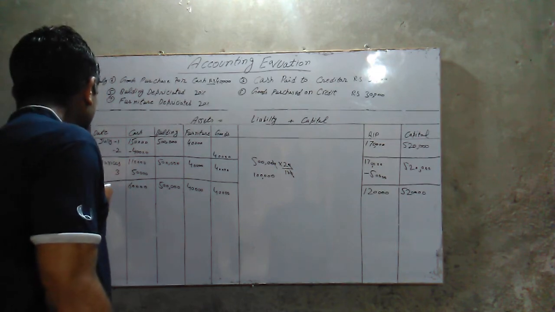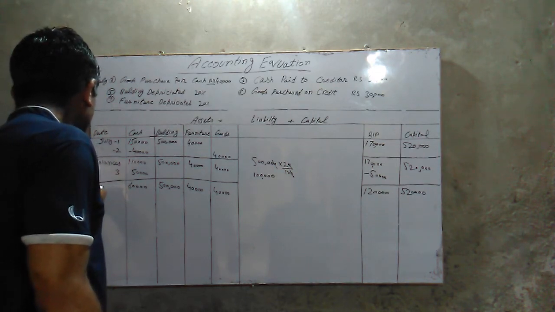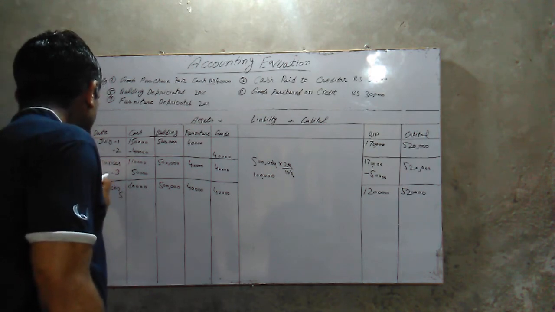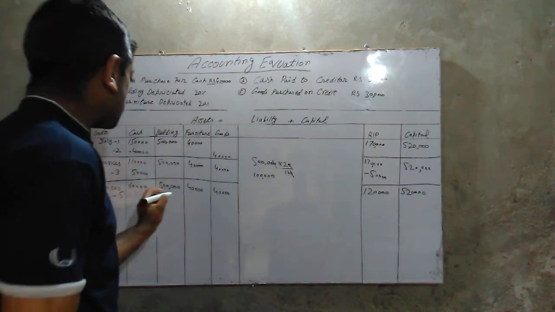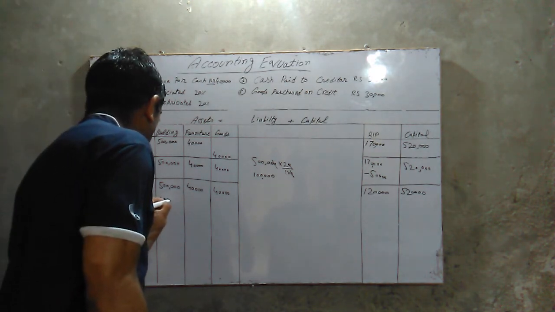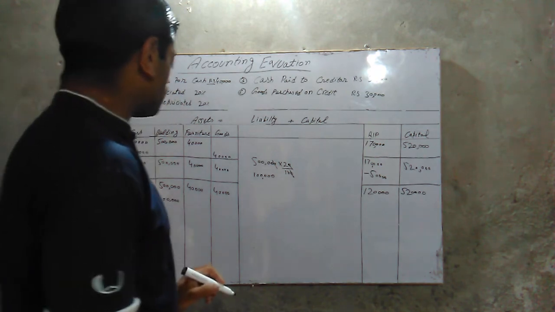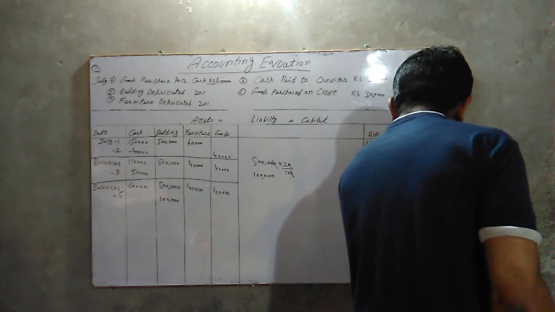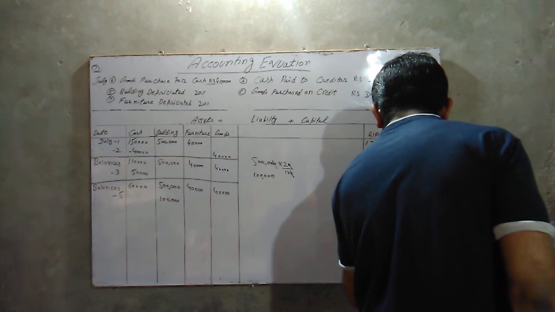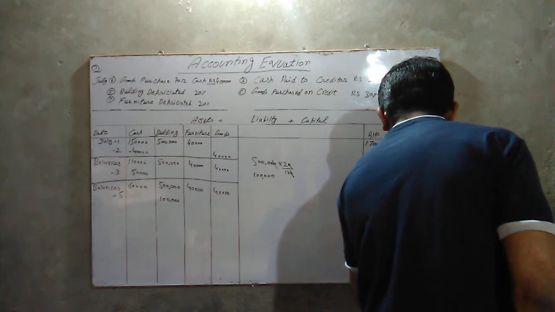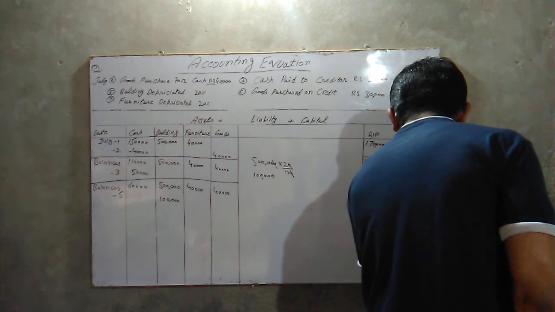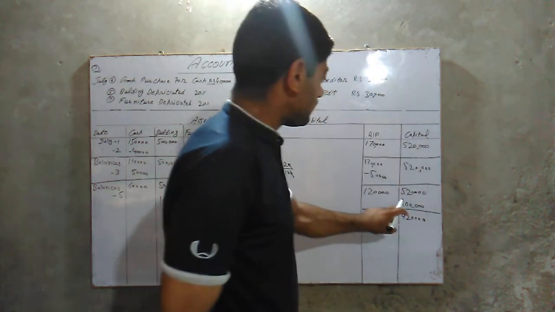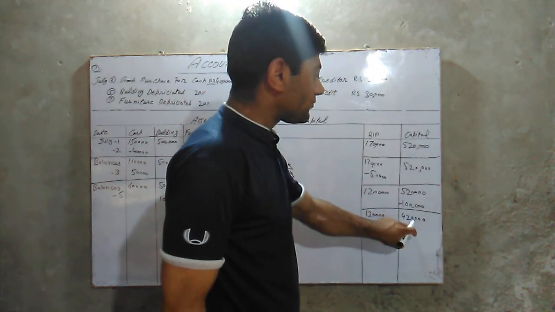It means 1 lakh less from building and also from capital. Minus 1 lakh, the remaining is 4,20,000.